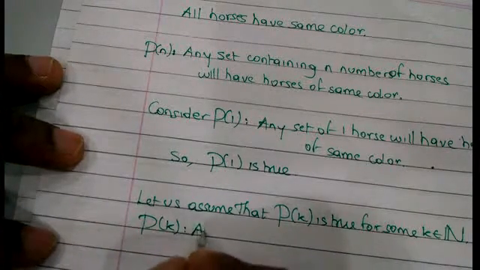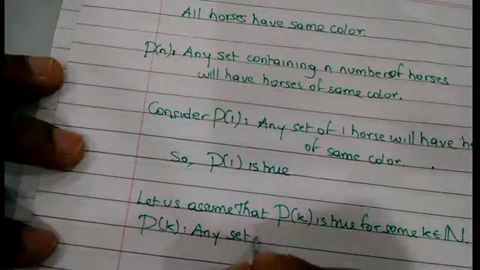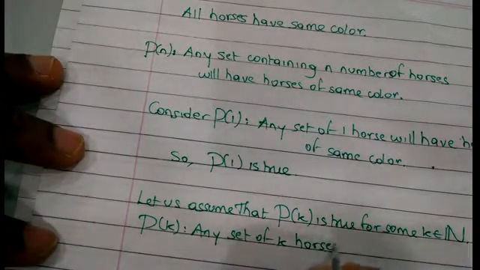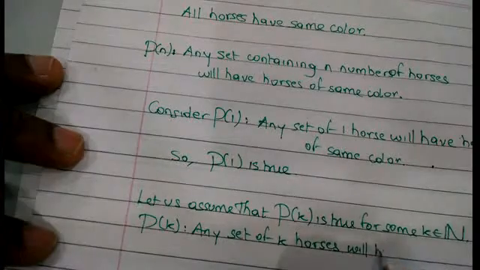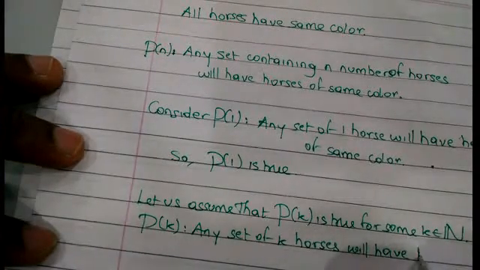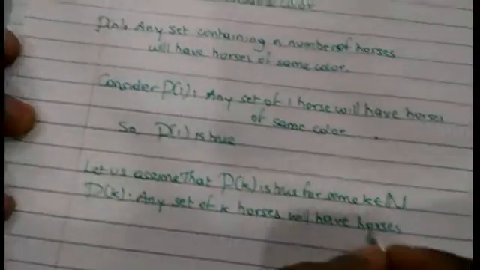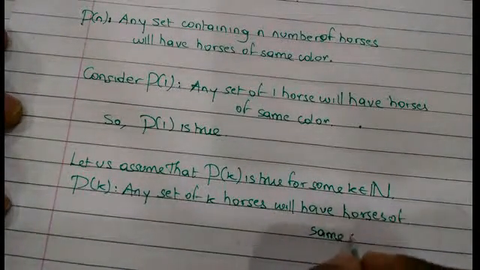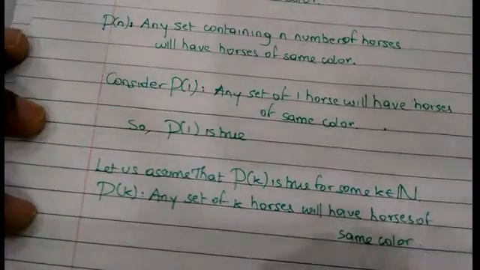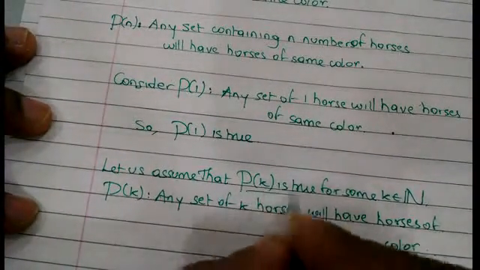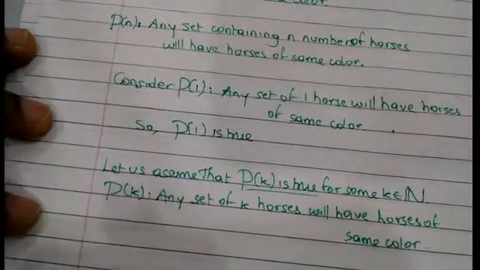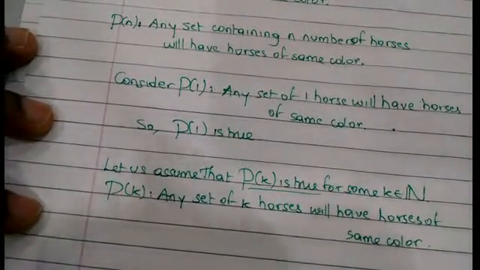We assume that any set, literally any set of k horses will have horses of same color. So we assume P of k to be true. Now based on this assumption alone, we are now going to prove that P of k plus 1 is true.